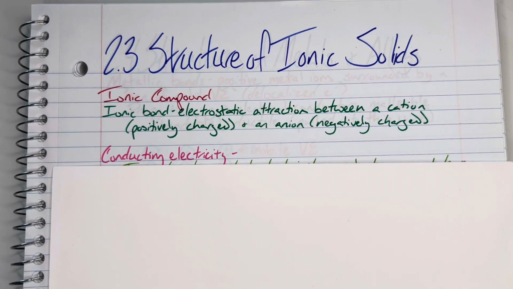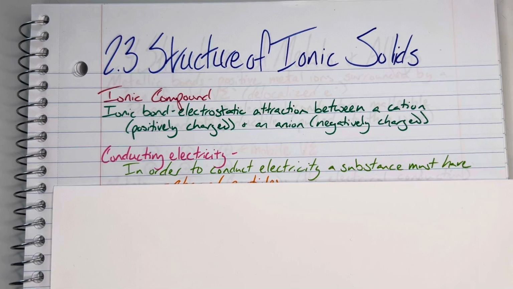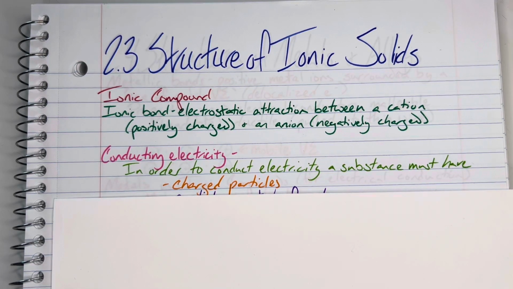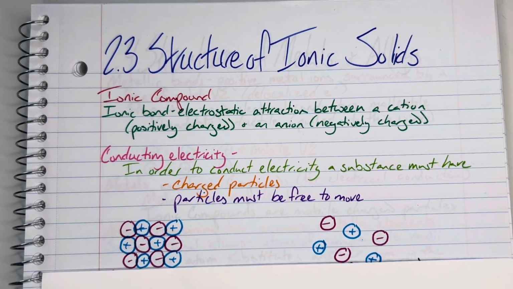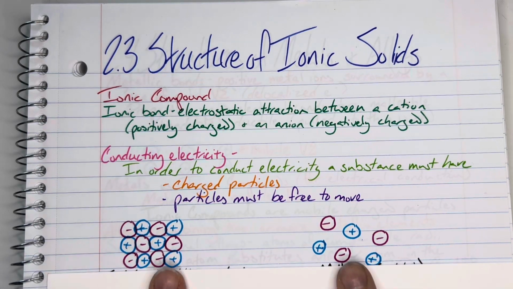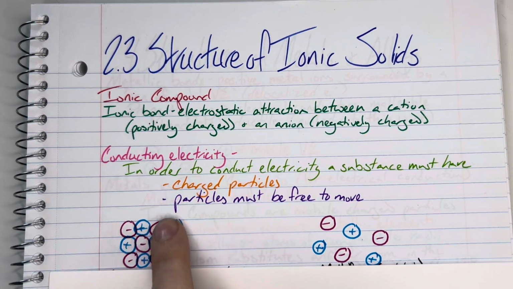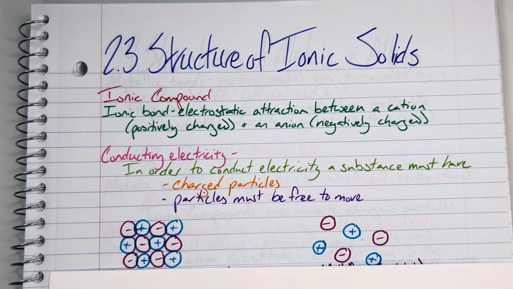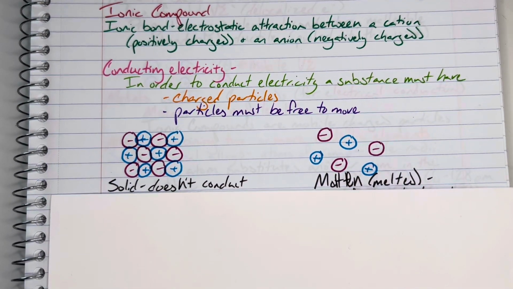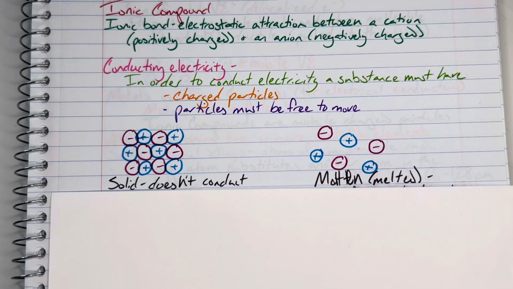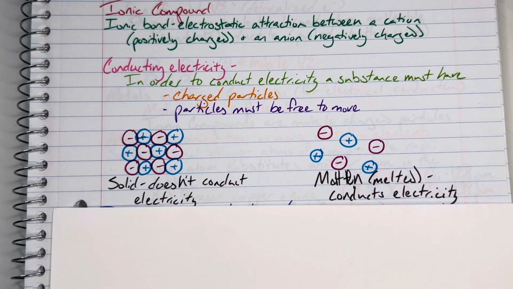For ionic compounds, when we're talking about conducting electricity, in order to actually be able to conduct electricity, a substance must have charged particles, and those particles must be free to move. So if we were to look at these two instances here where I have a very regular pattern versus more space involved, my solid, which is represented on my left-hand side here, those ions cannot move freely, and so solids do not conduct electricity.